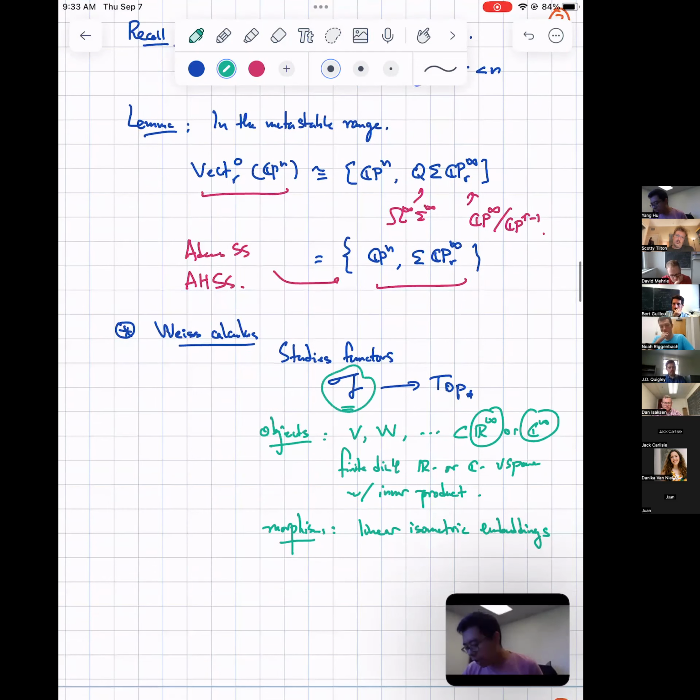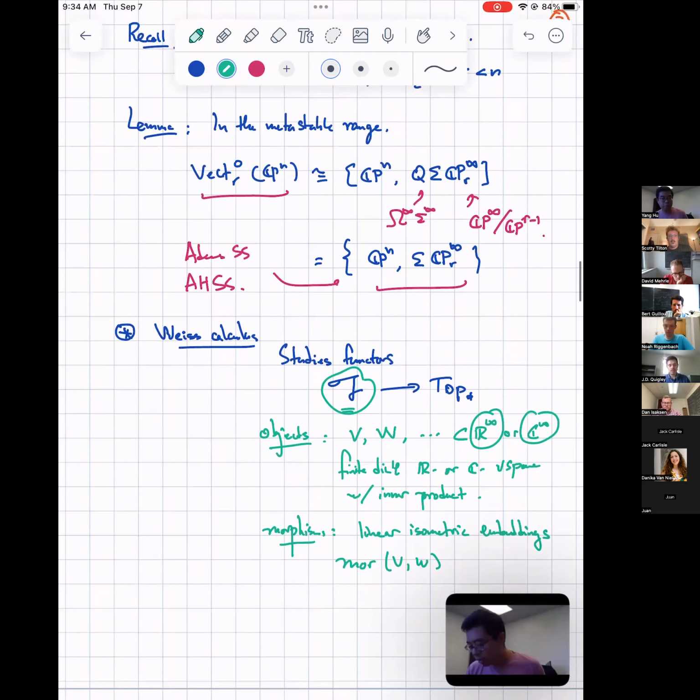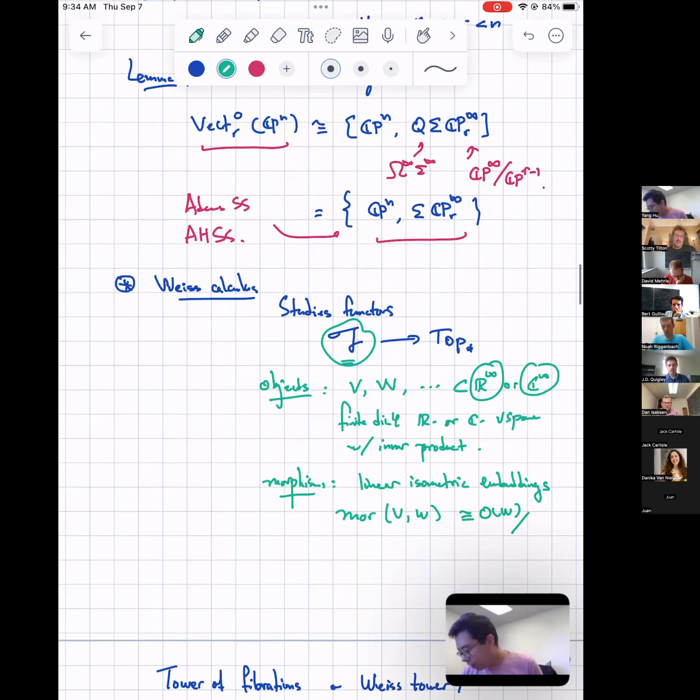So this category J is essentially a topological category, right? Because the morphism spaces J(V, W) are Stiefel manifolds. If you work over R, you get real Stiefel manifolds like O(W) modulo O of the orthogonal complement of V in W. And if you work over the complex numbers, you get complex Stiefel manifolds.